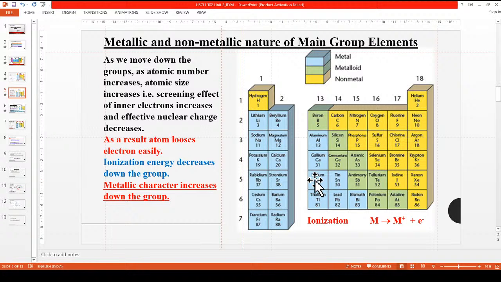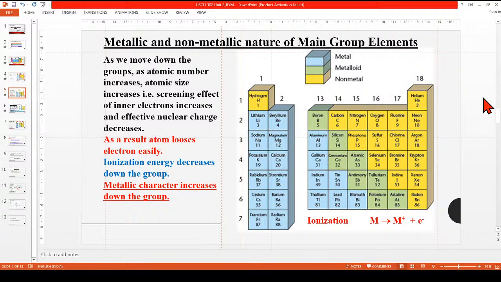Because of the small size of boron, the outermost electron, which is present in 2p, is attracted strongly by the nucleus. Therefore that electron is not easily lost, and hence boron is a non-metal. If it is a metal, the outermost electron should be free to move, but in this case it is not free to move. So boron is a non-metal, whereas aluminum, gallium, indium and thallium show metallic character.